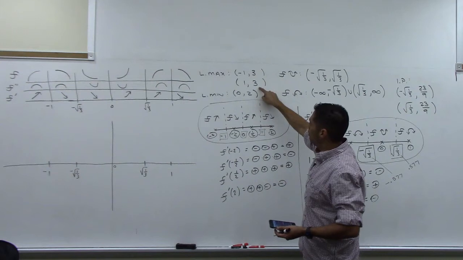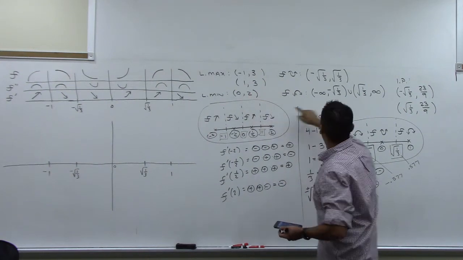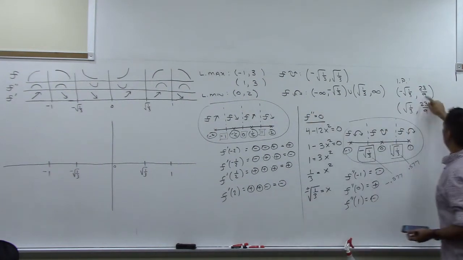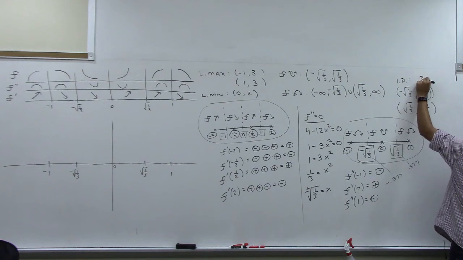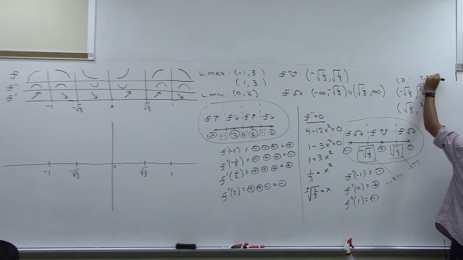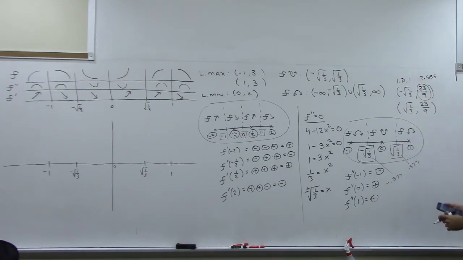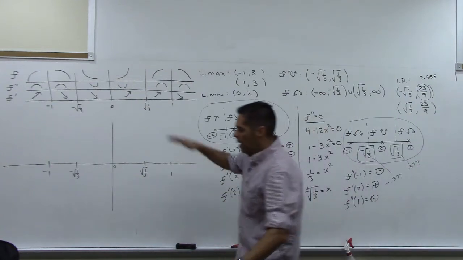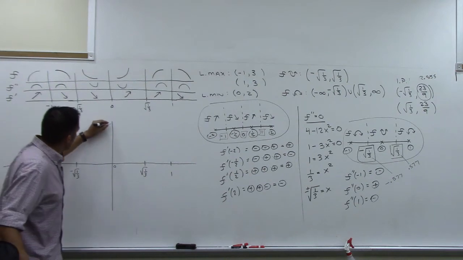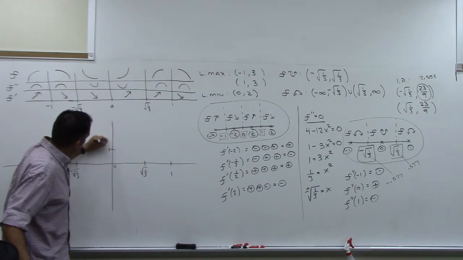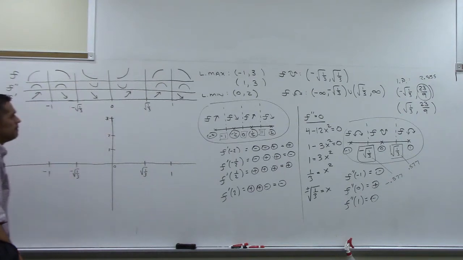At 1 I was at 3. At 0 I was at 2. And at the roots I was here. 23 over 9 is about 2.555 forever. So that gives me some idea of what my y-axis needs to be. The biggest number I'm going to get is 3. So I'm going to put 1, 2, 3, like that. So at -1, I'm up here at 3.